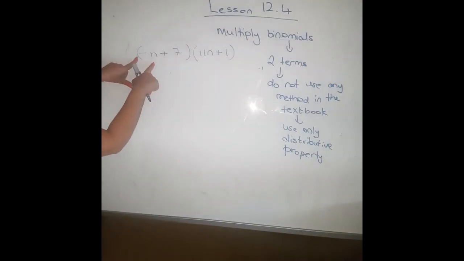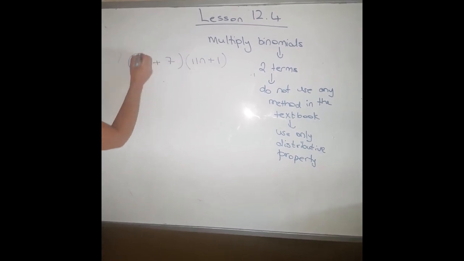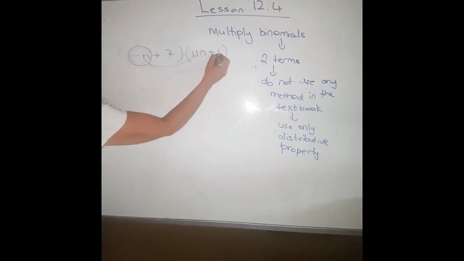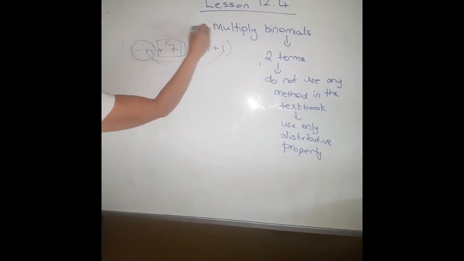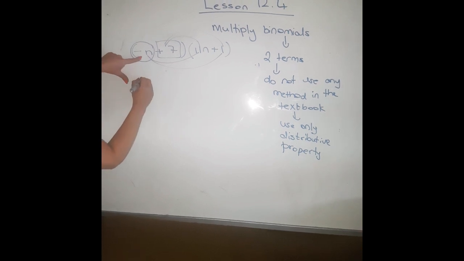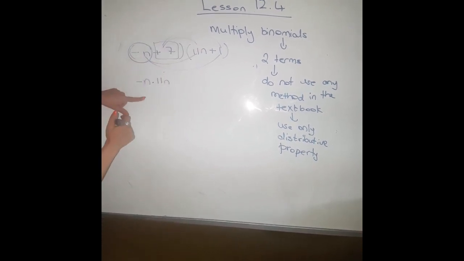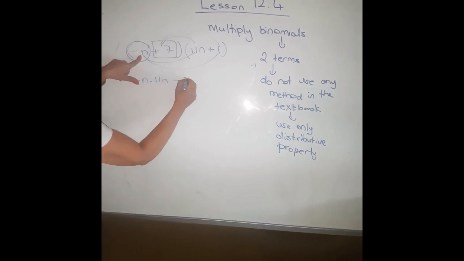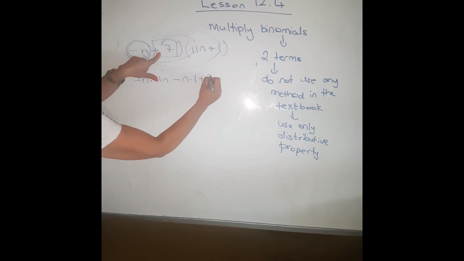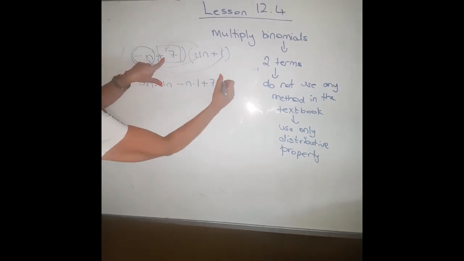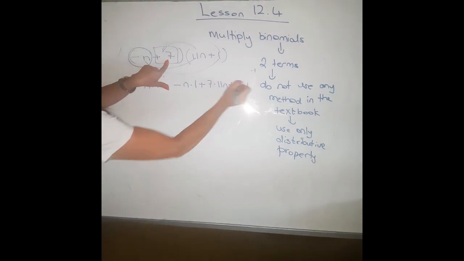The second example, negative n plus 7, 11n plus 1. Take the first term, distribute it into the second. Take the second term, distribute it into the second parenthesis. Negative n times 11n, and then a negative n times a 1, plus 7 times 11n, plus 7 times 1.